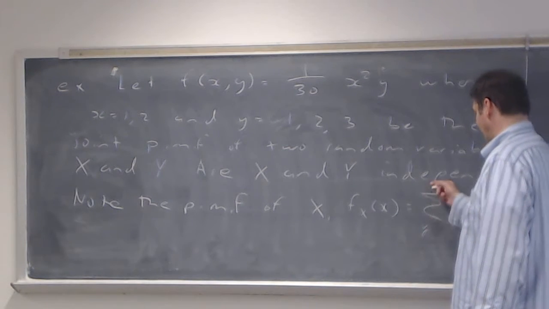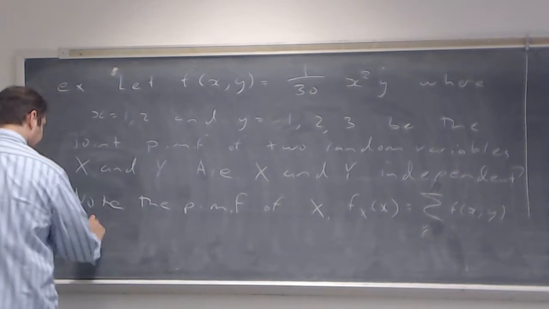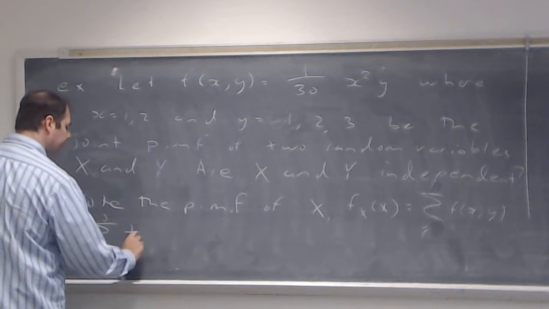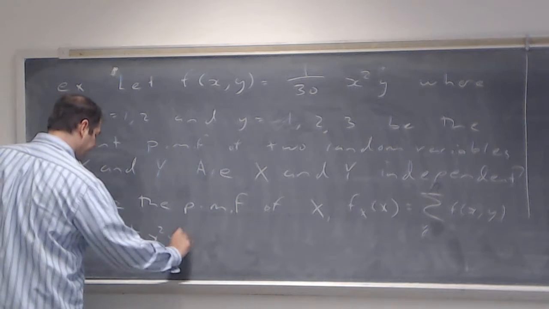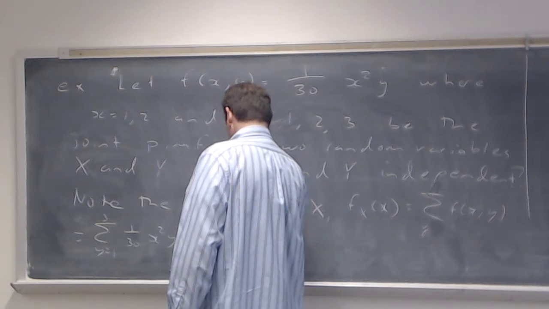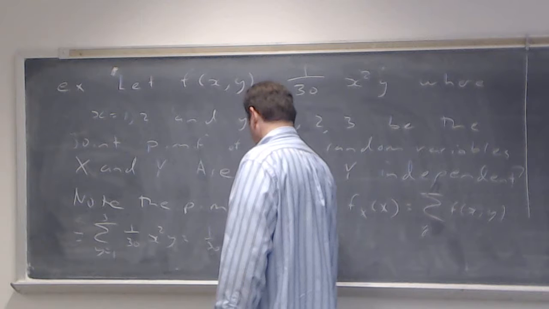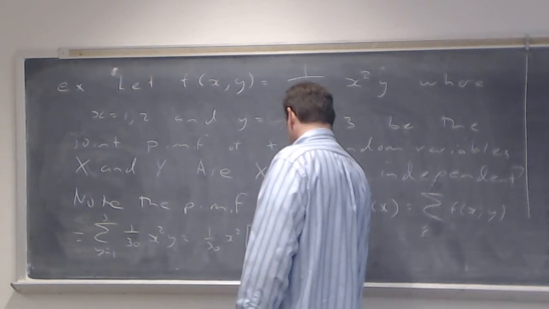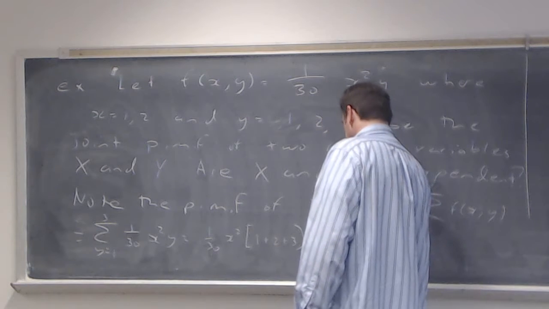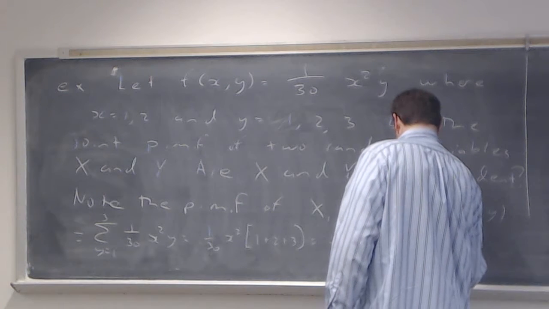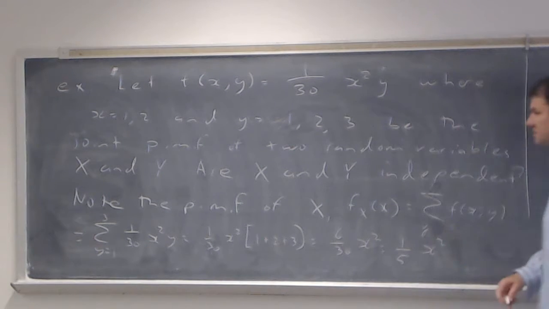This is the sum as y runs from 1 to 3 of 1 over 30 x squared y. The 1 over 30 and the x squared are constants with respect to y and can be pulled out. What we're having is 1 plus 2 plus 3. That's 6. So we end up getting 6 over 30 x squared, which is the same thing as 1/5 x squared. So that is the PMF of x.